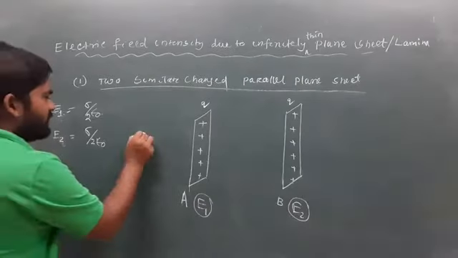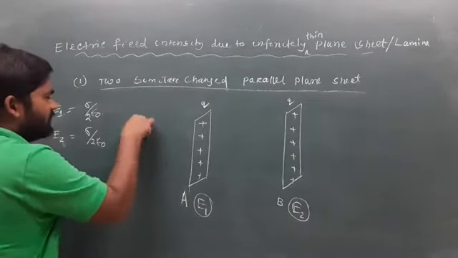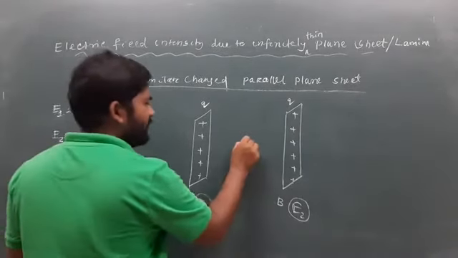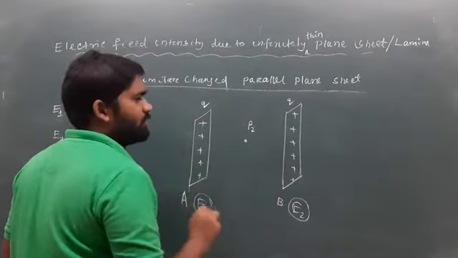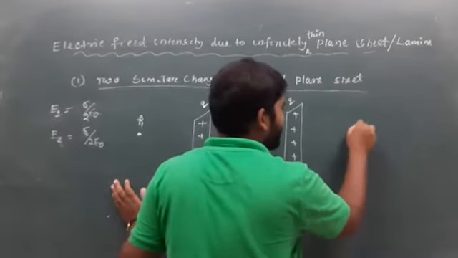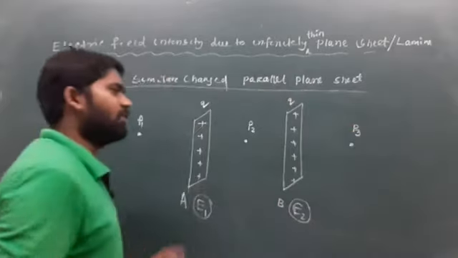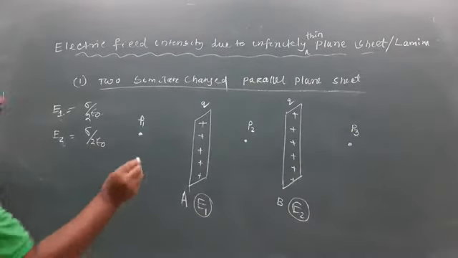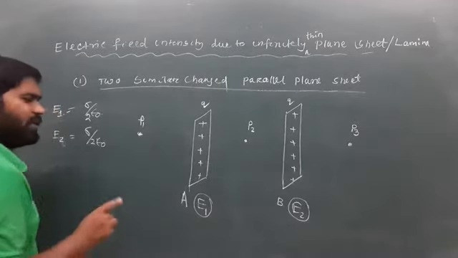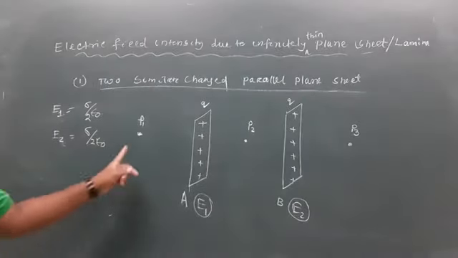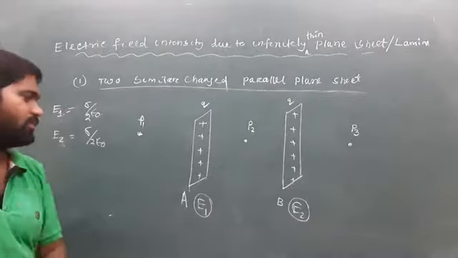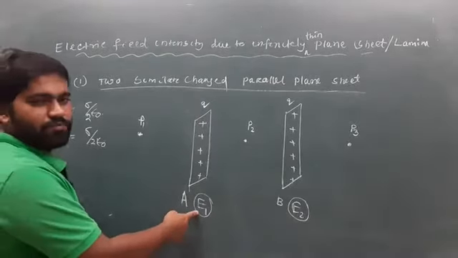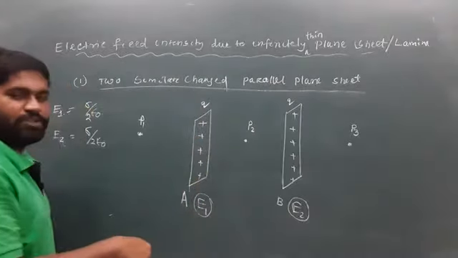Okay, suppose I consider three different points. This one is P1, in between the plate that is P2, and on the PB side that is P3. Okay, so here we have to measure the resultant field. Suppose I consider at point P as a point of observation. As we know, at point P there is a unit positive charge, and this one is electric field for a positive charge.